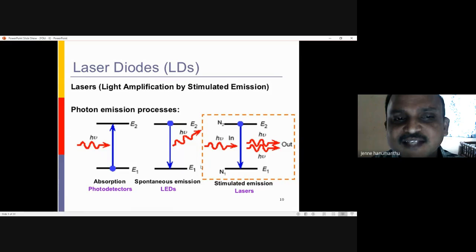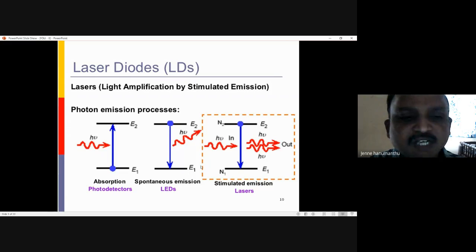But in the laser diode, there are three processes happening. In the laser process, the first process is absorption, the second is spontaneous emission, and the next is stimulated emission. Ultimately, from the laser process we require stimulated emission.